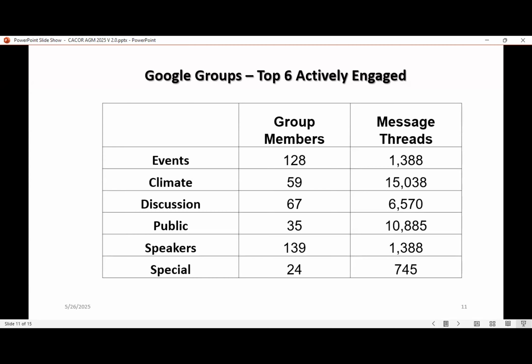And so I have put them into this group just called Special. There's 24 names in there, and they from time to time do join in and participate as well, even though they are not Cacor members.